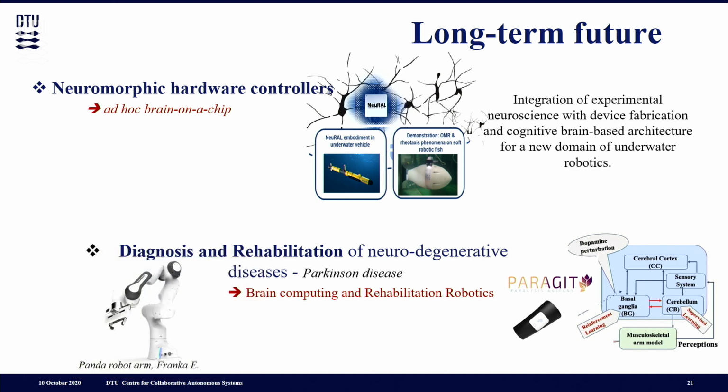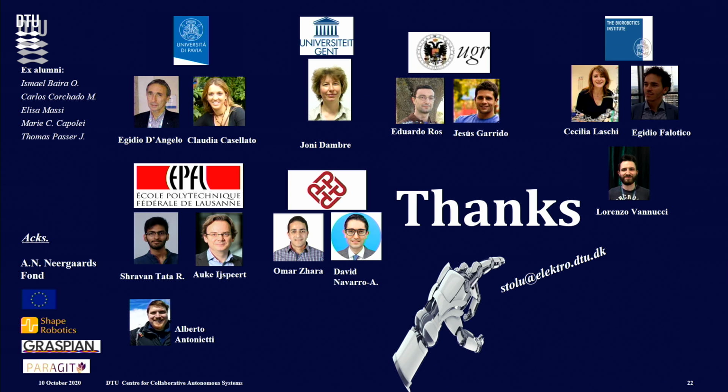So we can reproduce pathologies of the brain, and we then use the robots as a tool for rehabilitating those pathologies, such as Parkinson's disease, which I'm currently investigating now, together with the Paragit company. And that's it. Thank you to all my collaborators and to you.